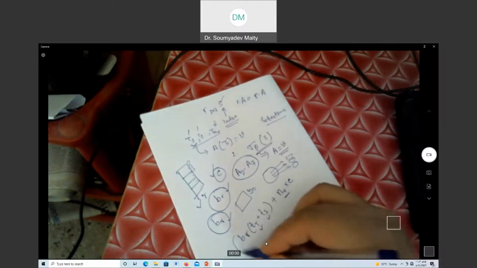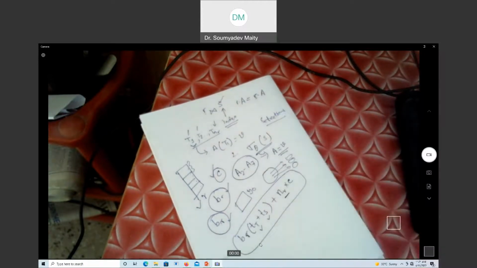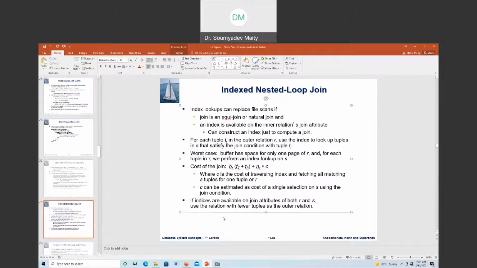So this is the total cost of indexed nested loop join. Of course, this is the worst case scenario.